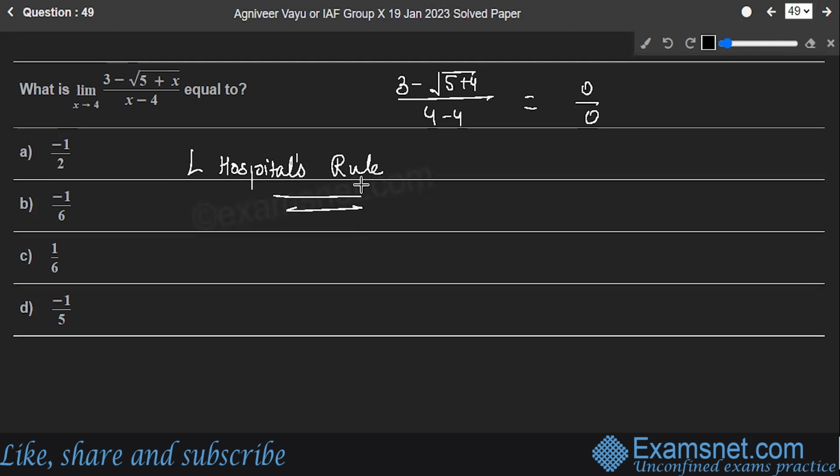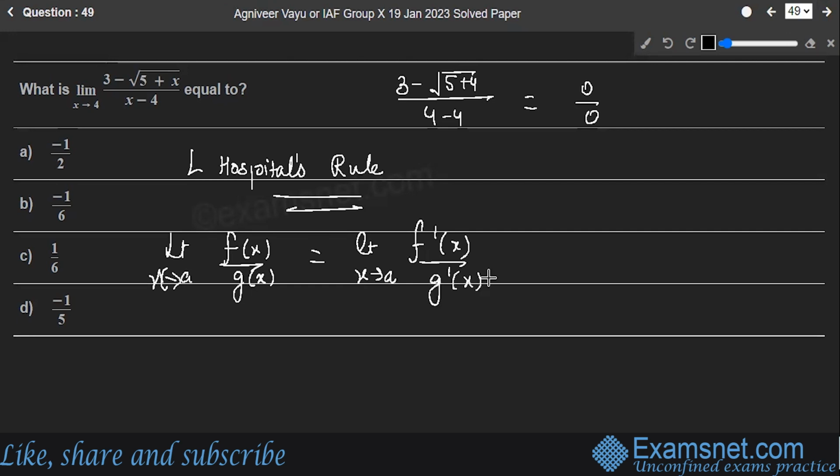And for that, you have to see what is that rule. If x approaching a is there, limit of f(x) upon g(x) is equal to limit x approaching a of f dash x upon g dash x. Now let's come back to our question.